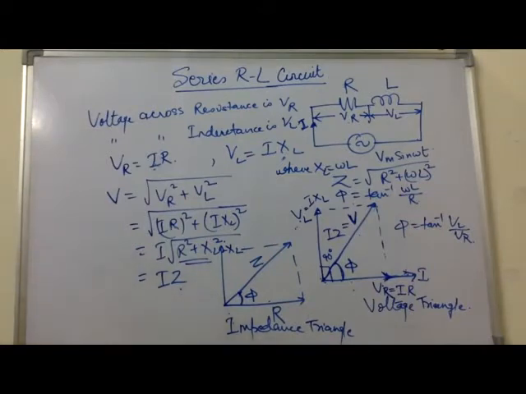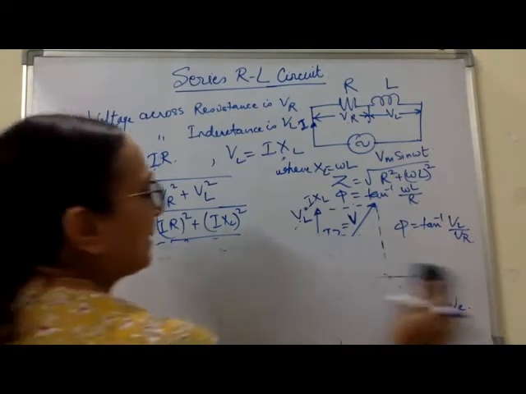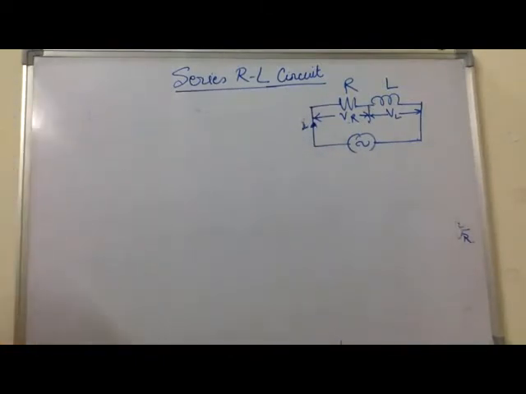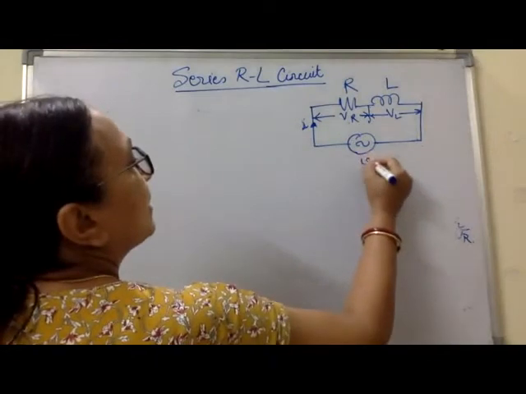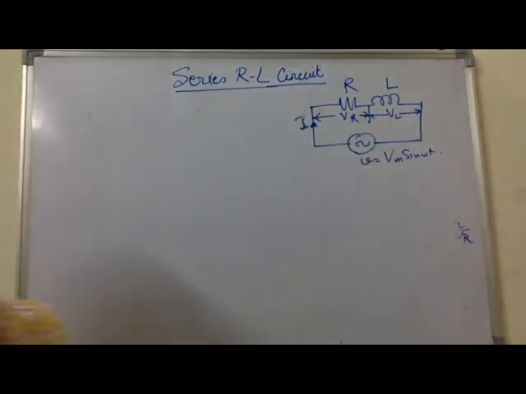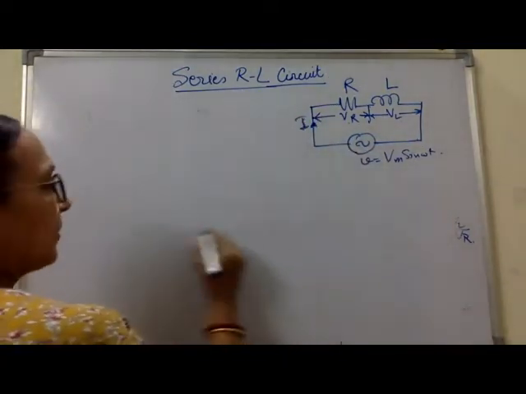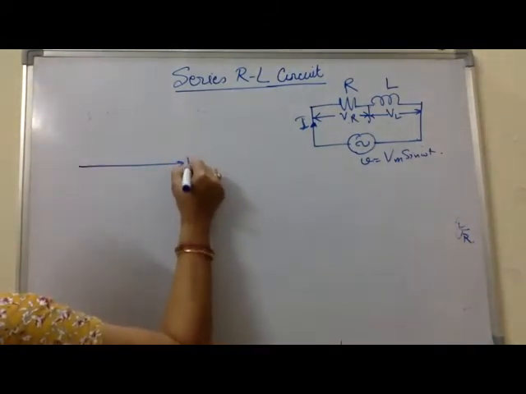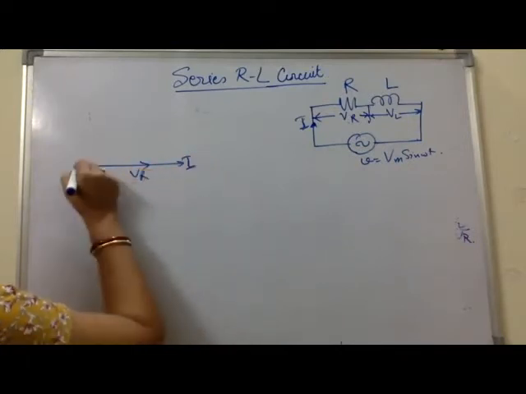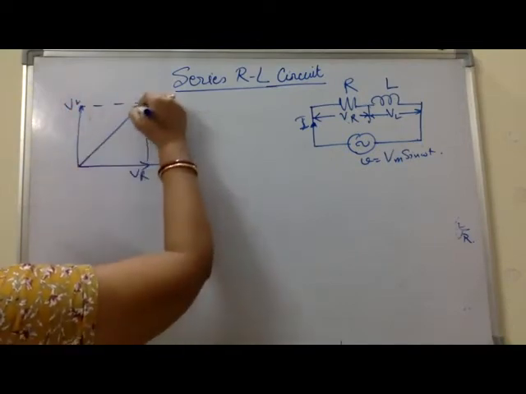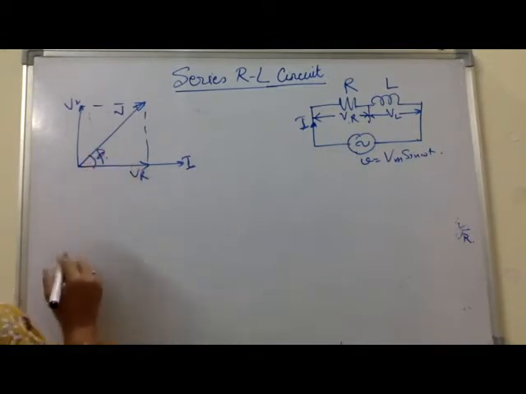Now, similarly, you can calculate the power in the RL circuit. Again, I'll draw the triangles, that is taking the current as the reference. We have got VR, VL, and the phasor sum will give you the applied voltage V, and this is your phi.